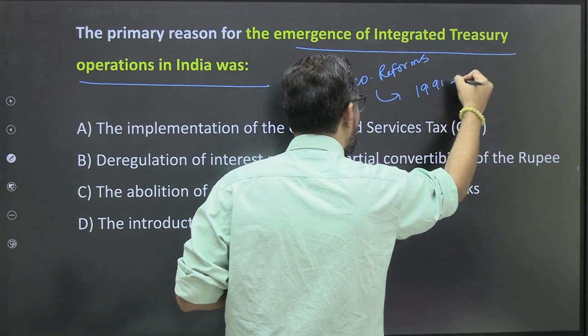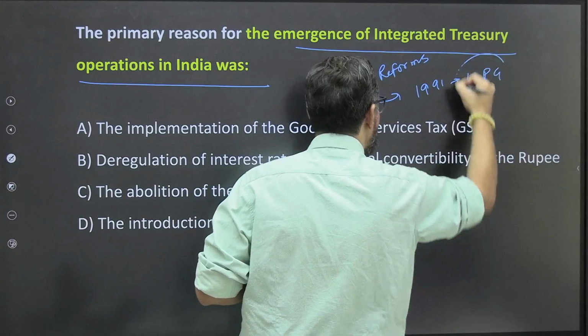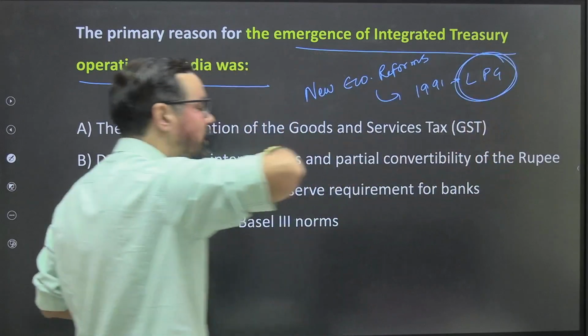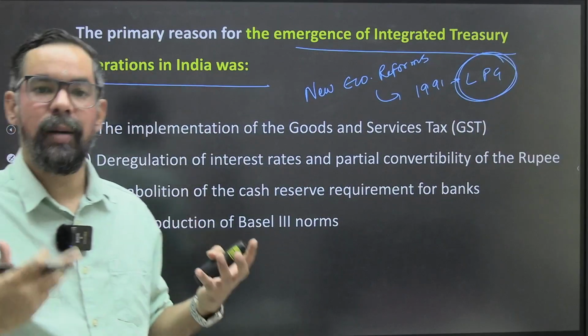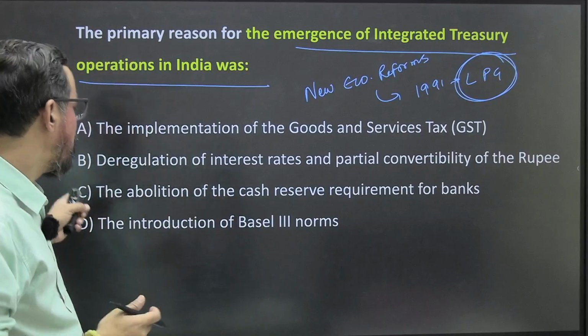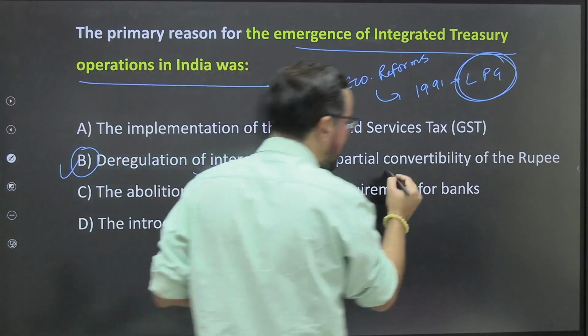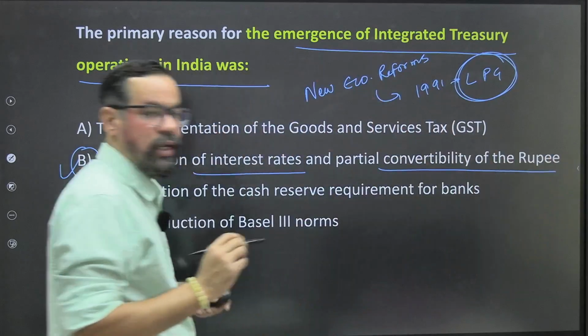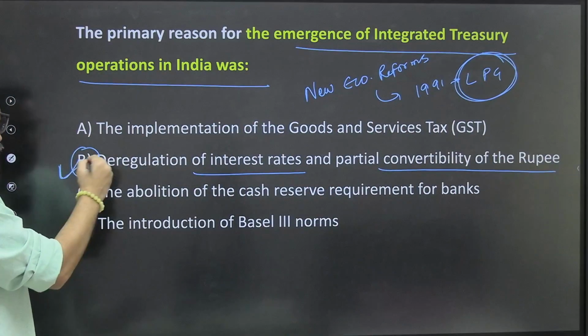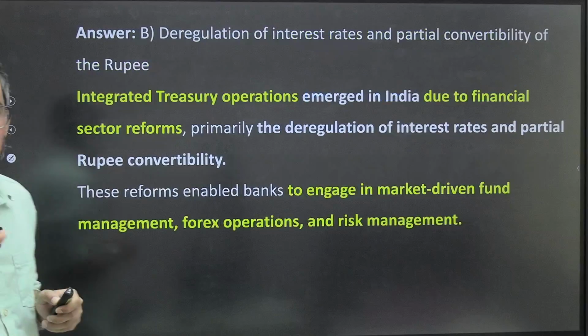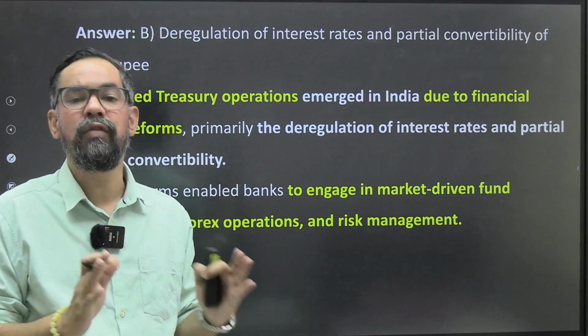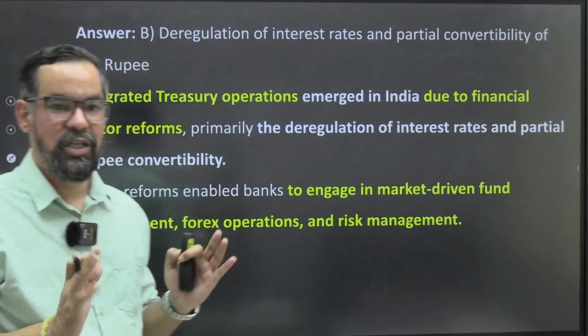The model was LPG, liberalization, privatization, globalization. From here, globalization started, where we have deregulation of interest rate and partial convertibility of rupee. This generally enhances the role, responsibilities and scope of treasury management or integration of the treasury department.